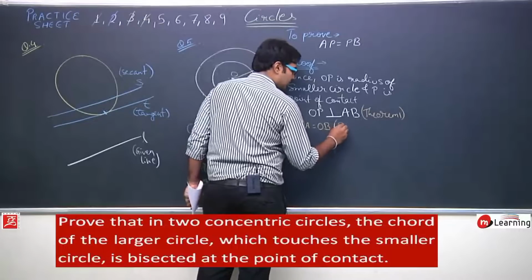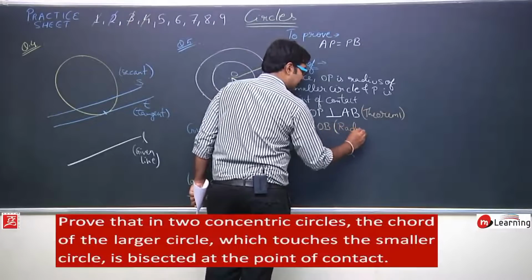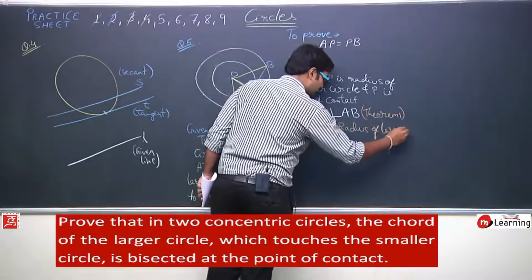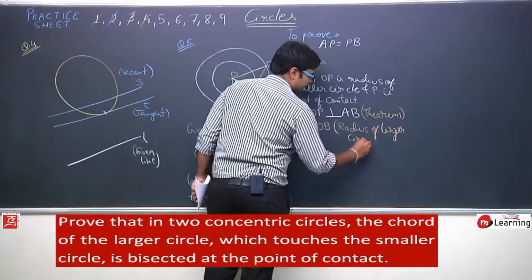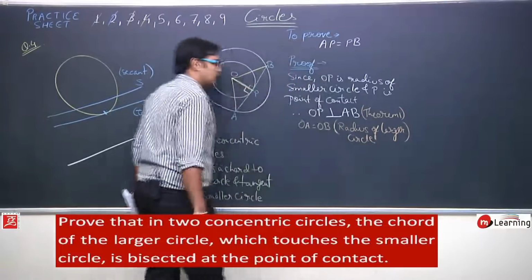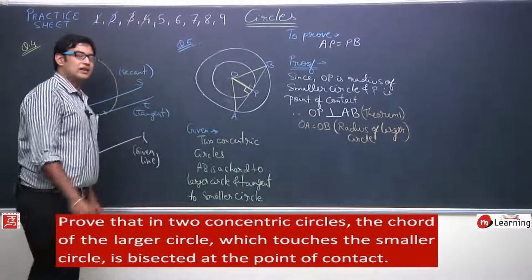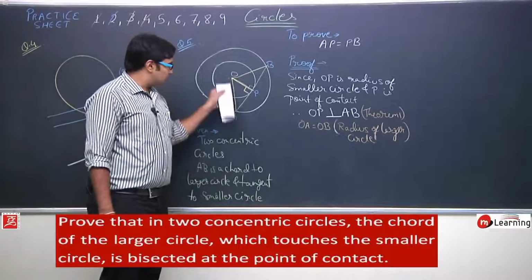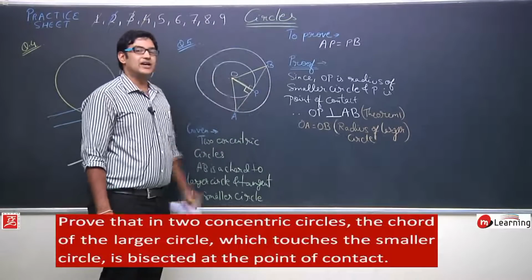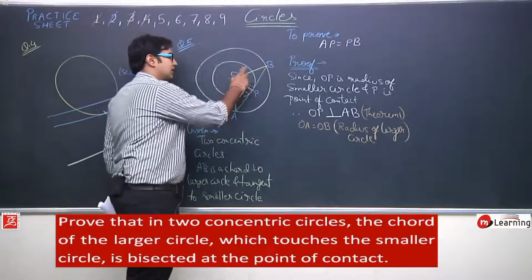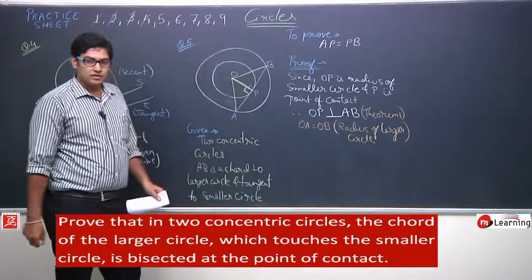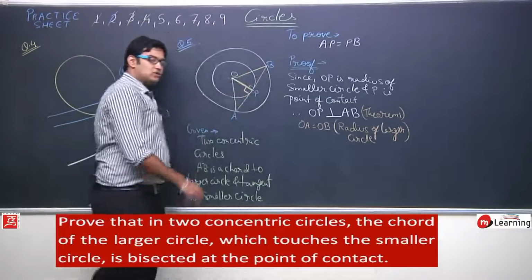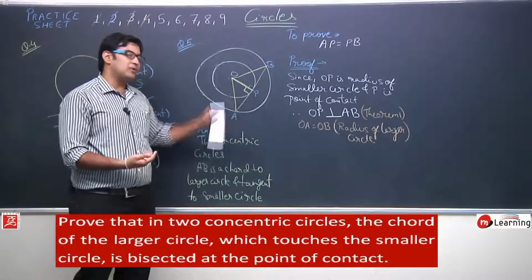Because both are radius of larger circle. Now this and this side are equal. These two lengths are equal. What we need to prove is this AP and PB are equal. So how to prove this AP and PB?